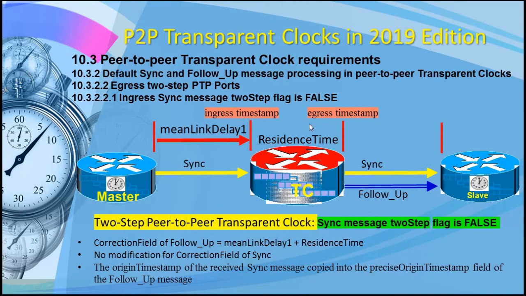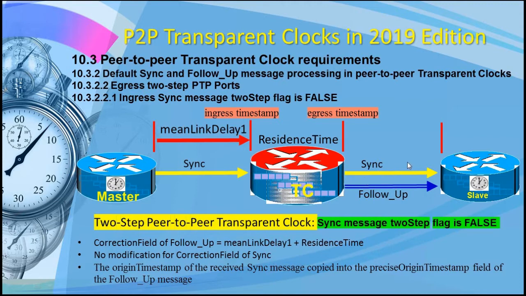The calculated resident time and the mean link delay between master and TransparentClock will be added together and put in the correction field of the follow-up message. So the correction field of the follow-up message equals mean link delay 1 right here plus the resident time introduced by the TransparentClock.